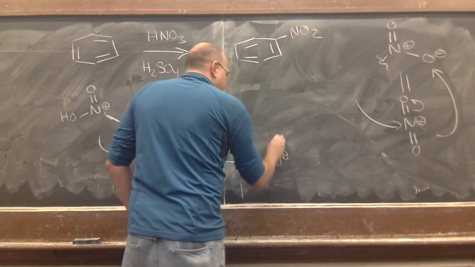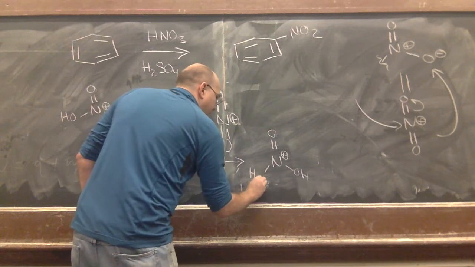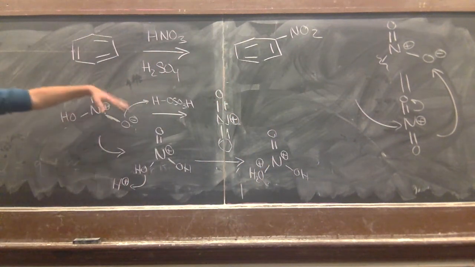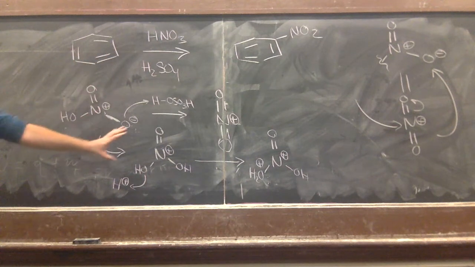And this is why I don't like this that much. Where's it protonated from? Yeah, from more sulfuric acid. So you've got a lot of sulfuric acid. And I'll explain why I don't usually go through this mechanism, because it makes me feel uncomfortable.